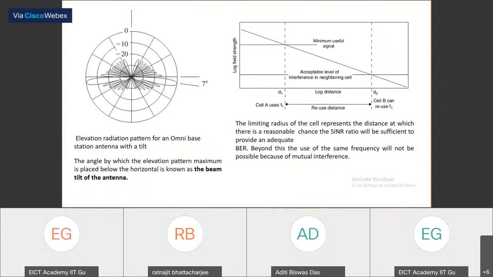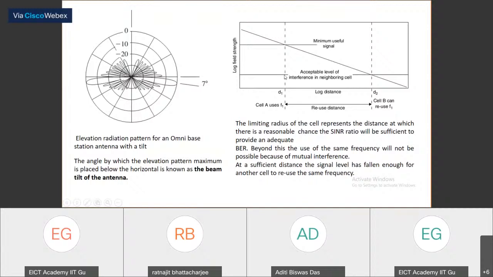And beyond this, the usage of the same frequency will not be possible because of the mutual interference. Because some other cellular station will be there, it is also transmitting, so both signals will be there. And at a sufficient distance, the signal level has fallen. So when you go to the second level, this is the first level, the maximum useful signal level.